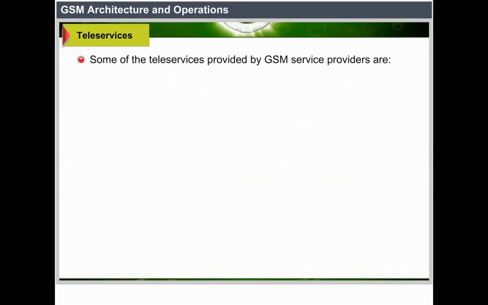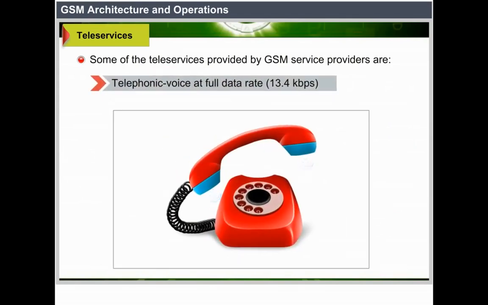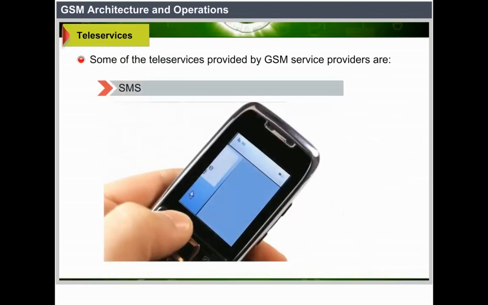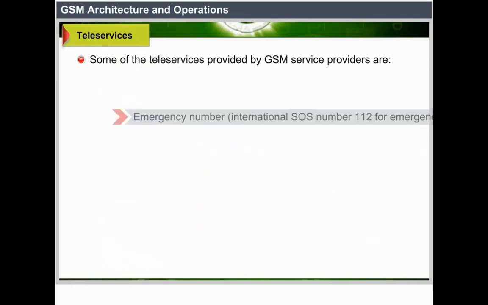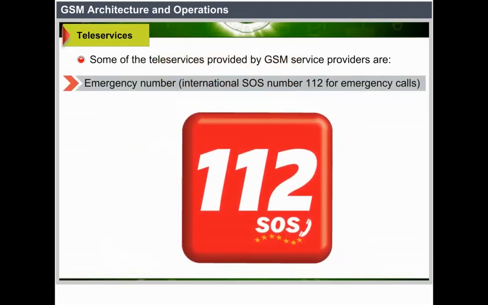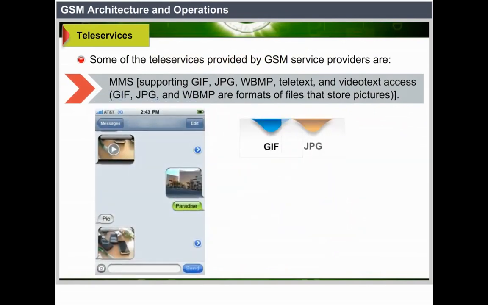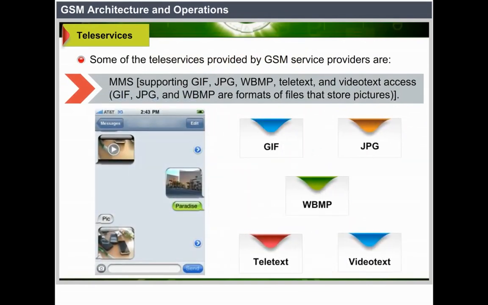Some of the tele services provided by GSM service providers are telephonic voice at full data rate 13.4 Kbps, fax, SMS, emergency number, international SOS number 112 for emergency calls, MMS supporting GIF, JPG, WBMP, teletext and videotext access. GIF, JPG and WBMP are formats of files that store pictures.